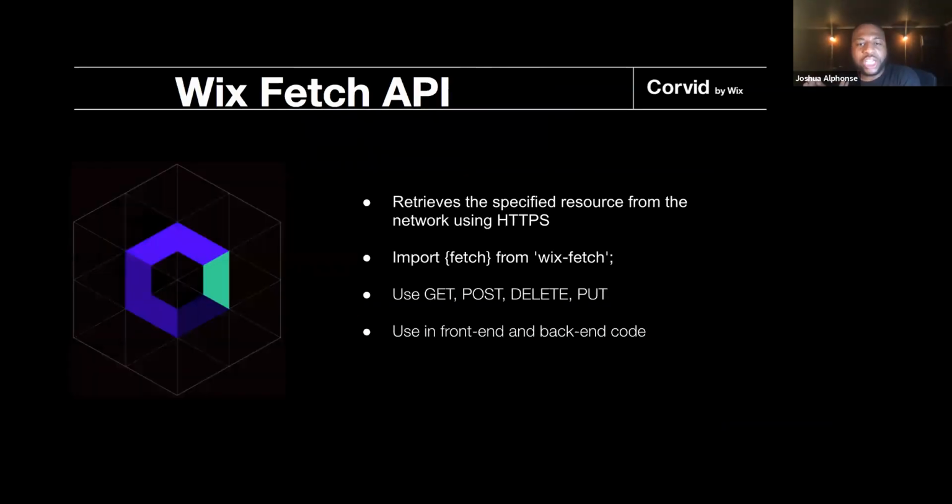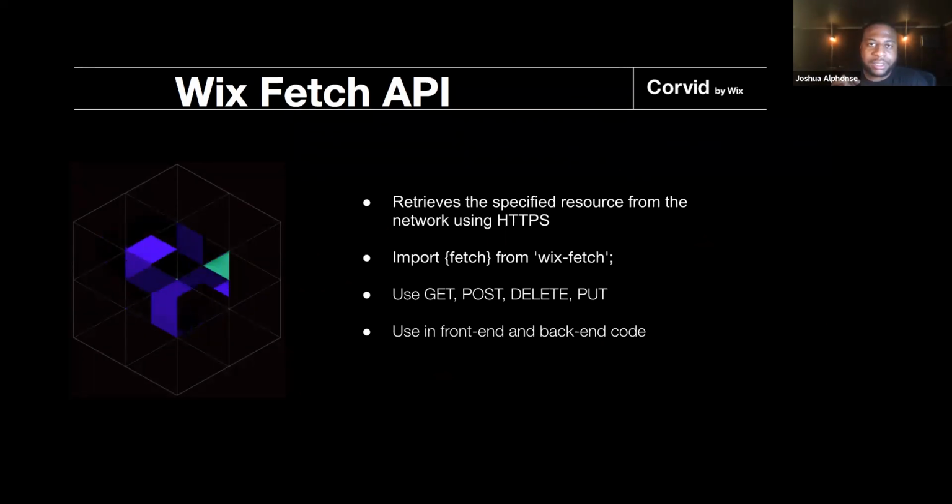So our Wix Fetch API retrieves specified resources from the network using HTTPS. Make sure that at the top of your code, you import fetch from Wix Fetch. You can also use get JSON as well if you want to specify a specific entry that you have inside of that API. So when you're using the Wix Fetch API, you can use all the main functionalities when it comes to HTTP.